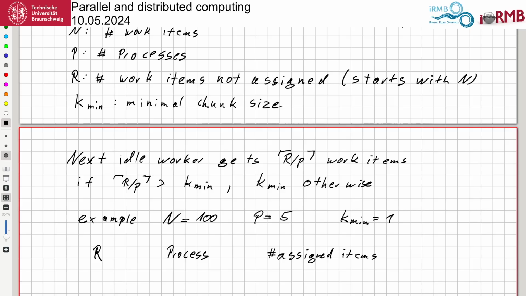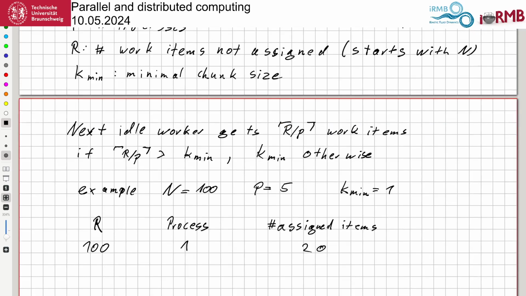So starting with R equal to N, R equal to N means 100 items have to be processed, yeah? So process number 1 gets R divided by P, so 100 divided by 5 is 20. It gets 20 work items. So which means that there are 80 left.